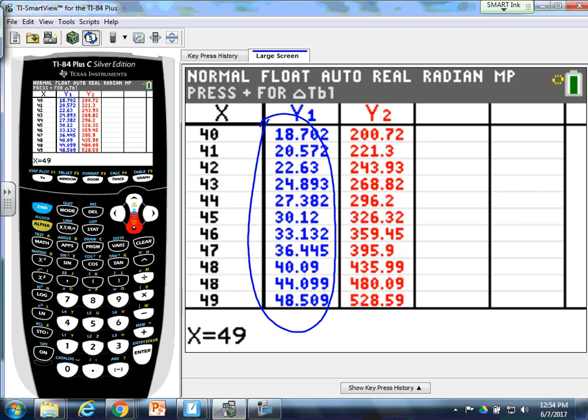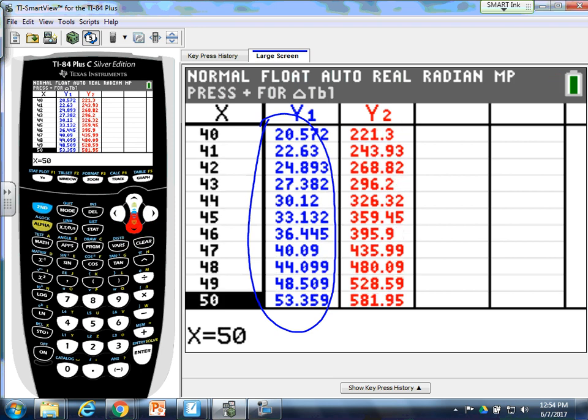So we see we're getting close. Yeah, so on the 50th day, this person finally ran more than 50 miles. That's not the sum. I actually have the sum of the values, the cumulative sum. I have a formula in Y2 to find that, which we'll talk about in just a second. But on day 50, you would actually have to run 53 miles, which again is probably unreasonable, but if the pattern continued, that's what it would take.